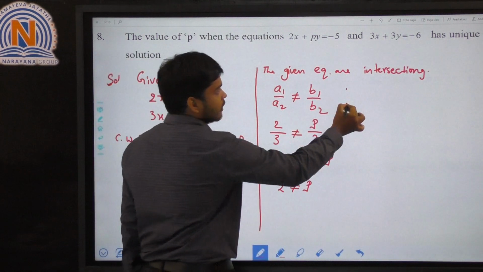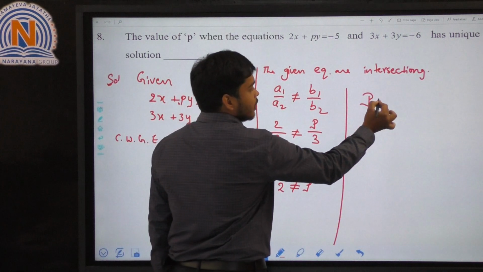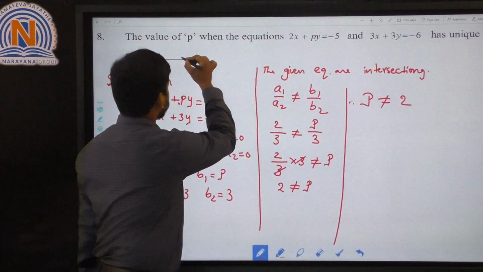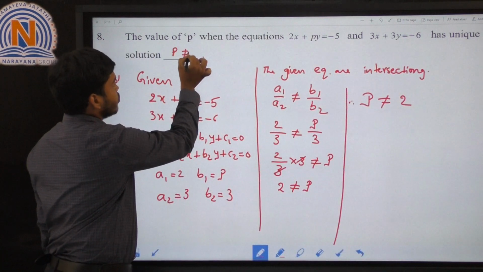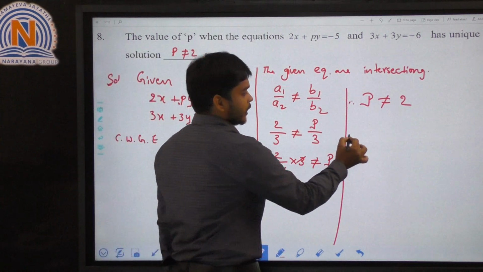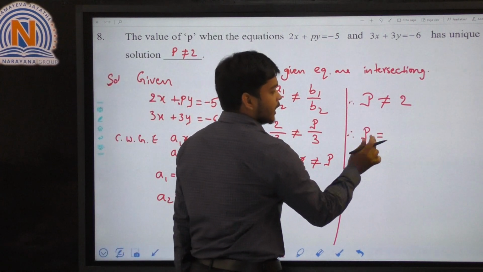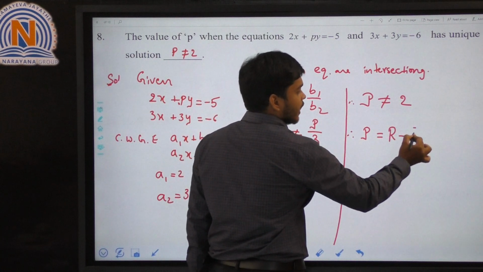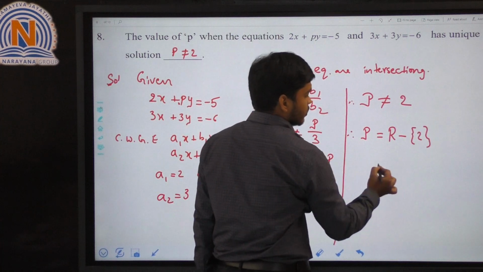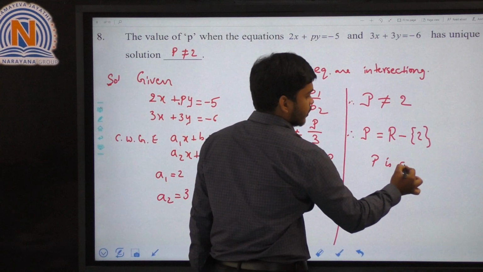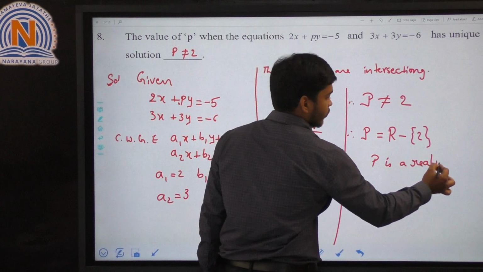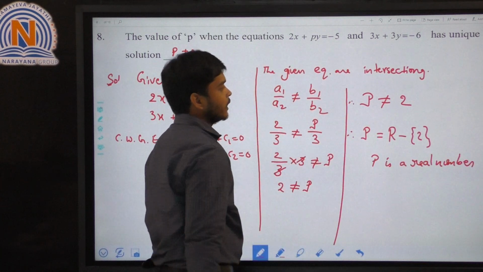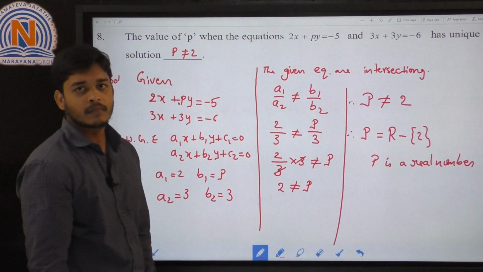So what are the p values? p is not equals to 2, or we can write it as p is a real number, take all the real numbers except 2, then the condition is satisfied. Next question.